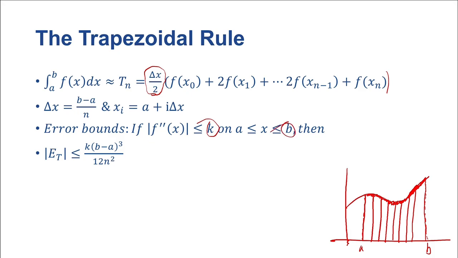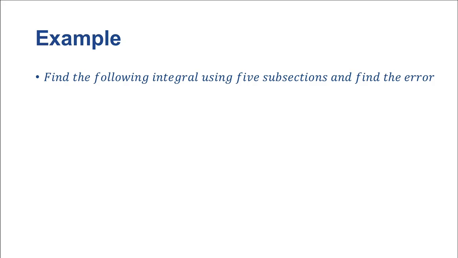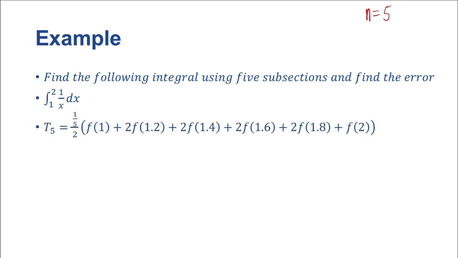So let's do an example with the trapezoidal rule. Find the following integral using 5 subsections and find the error. Immediately we can note that n equals 5, and we want to integrate from 1 to 2 the function 1 over x dx, which can easily be done as a natural log integral, but we are going to be doing this with the trapezoidal rule, so we need to set things up. So we're doing a 5th trapezoidal sum.